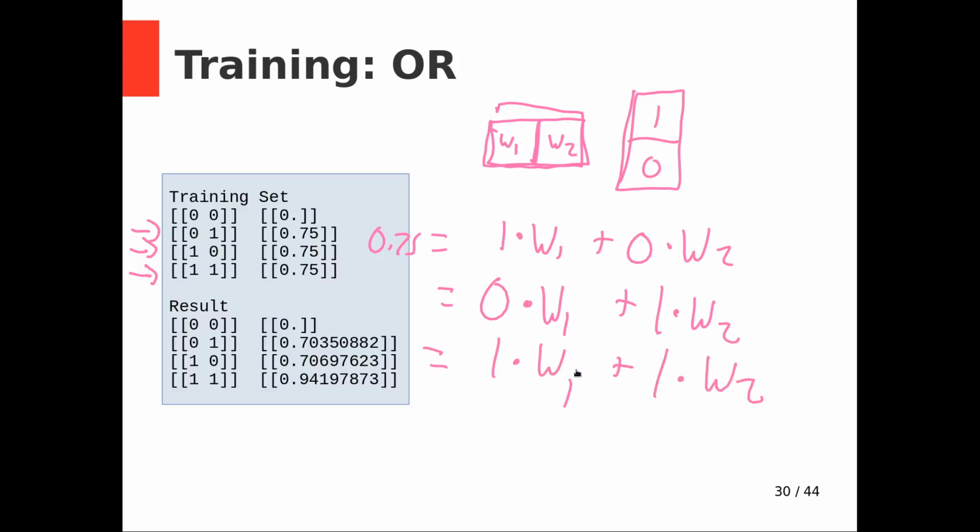Is there any assignment of W1 and W2 such that all 3 of these products equal the same thing that is not 0? Technically, if we assign all of these the value 0, then they would all equal the same thing. It just wouldn't be what we want, right? Is there some non-zero assignment of these things such that they will all be equal? And the answer is obviously no, right?